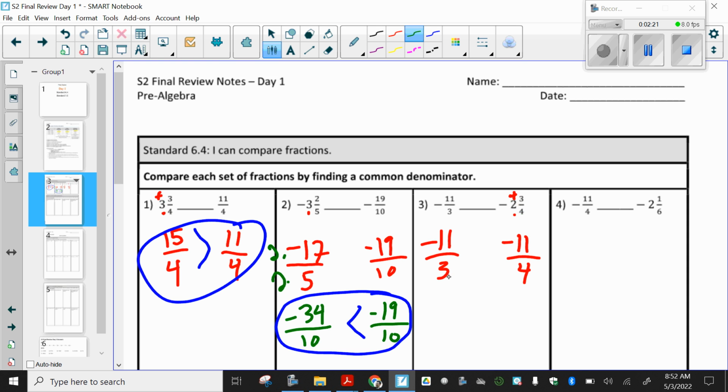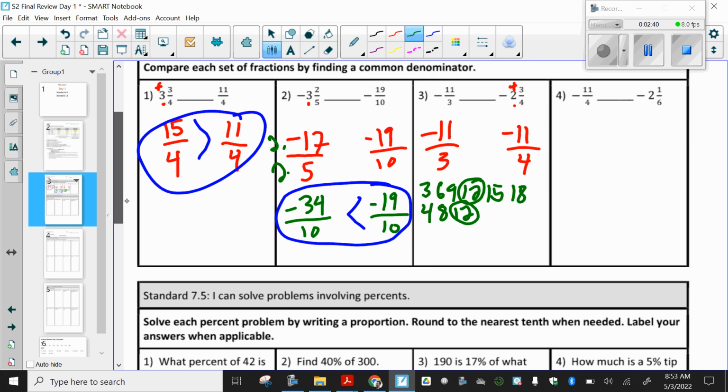So I know that I can't turn 3 into 4 and 4 into 3. So we need to find the next big number that they both turn into. You can do that by making a list. 3 and 4. So 3, 6, 9, 12, 15, 18. 4, 8, 12. Oh, 12. So let me scroll down a little bit. I'm going to make two new fractions, both with the bottom number of 12.